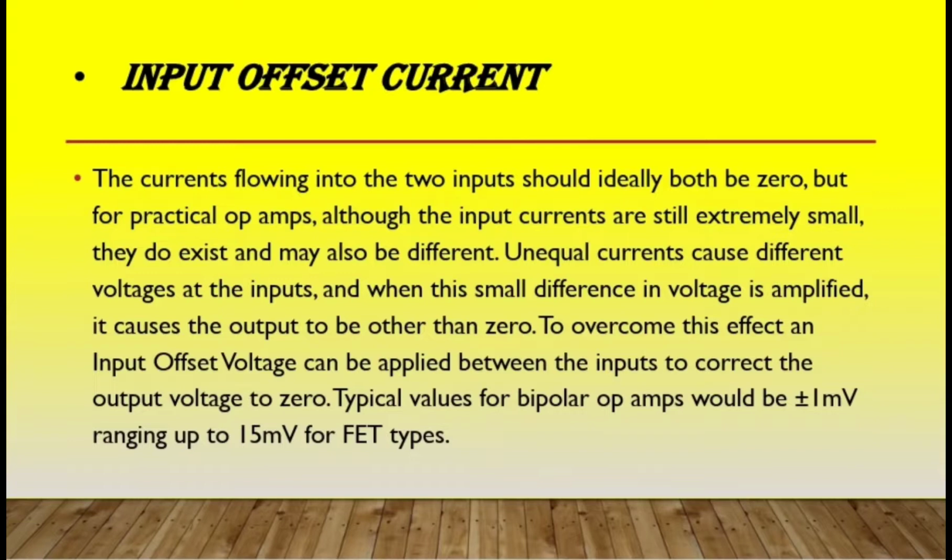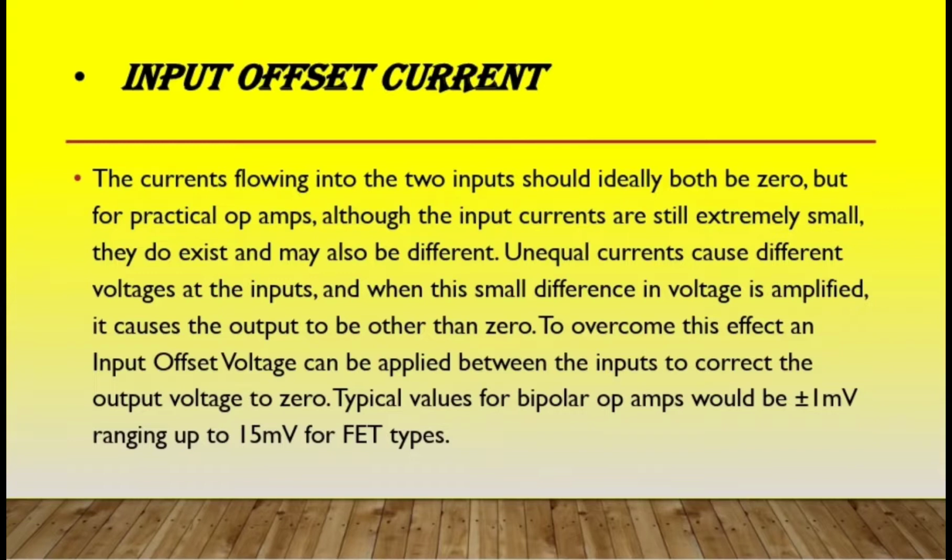To overcome this effect, an input offset voltage can be applied between the inputs to correct the output voltage to 0. Typical values for bipolar operational amplifiers would be plus or minus 1 mV, ranging up to 15 mV for FET types.